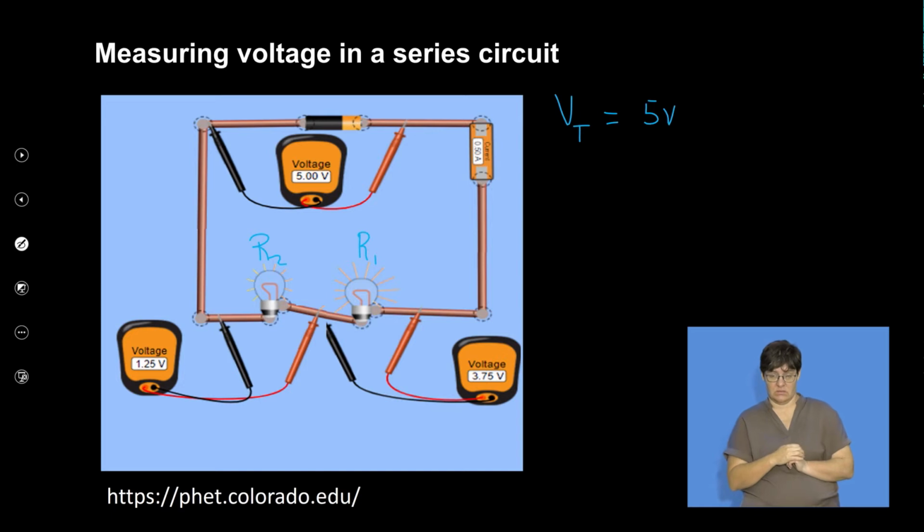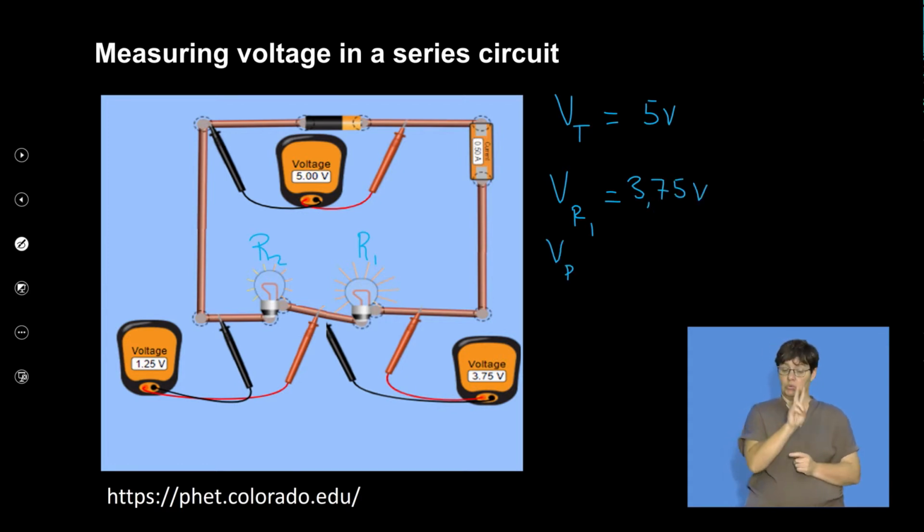Now we are saying that if there is the same current through the battery, through R1 and through R2, the voltage is going to be divided. Now, if you check, you'd realize that the voltage across R1 is equal to 3.75 volts, while voltage through R2 is equal to 1.25 volts.